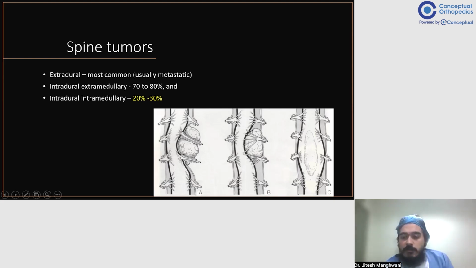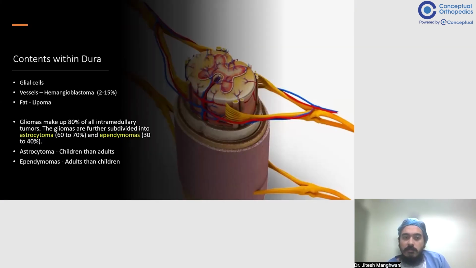And the one that is present inside the spinal cord engulfing the elements of the spinal cord, that is intradural intramedullary, which is the rarest out of the three. Now the prevalence is only 20 to 30% in intradural intramedullary type of tumors. And these are the tumors that we are going to discuss in this session.